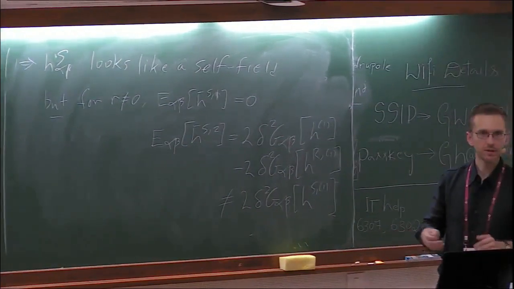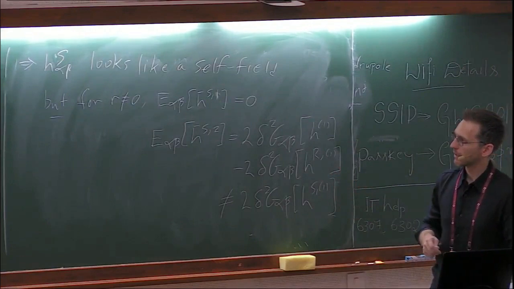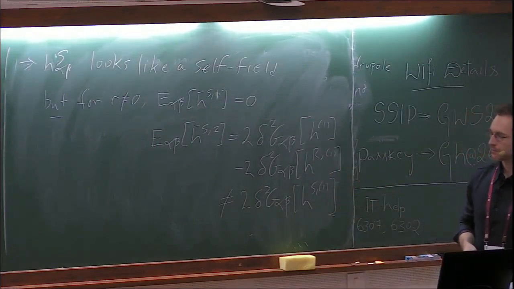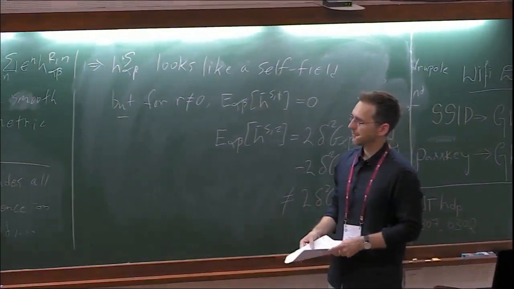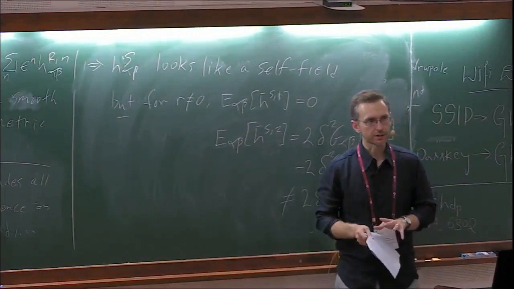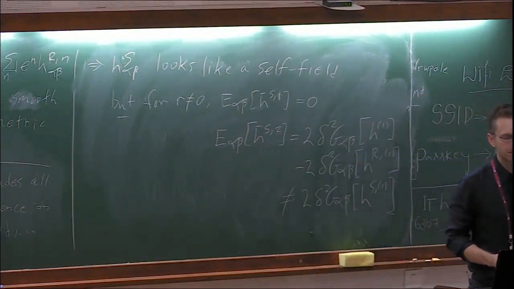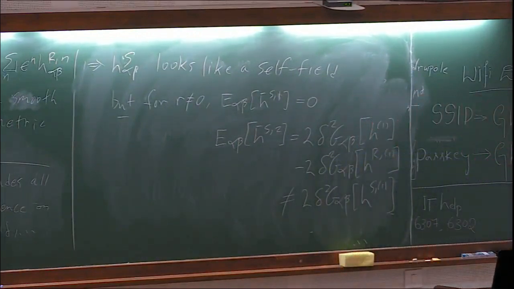They give you the same local terms in h^S and in h^R. At second order, there are also different definitions in the literature, and these definitions are actually not equivalent to each other.